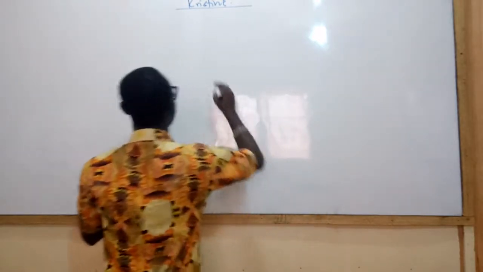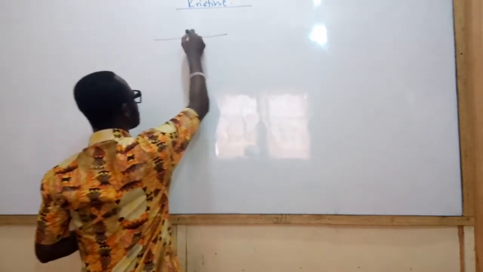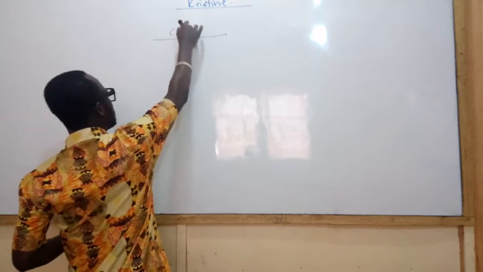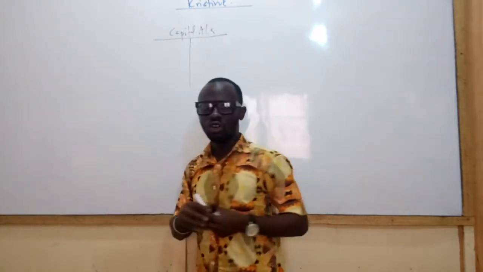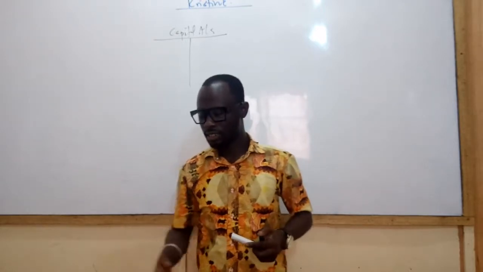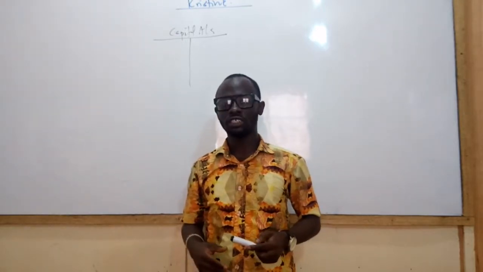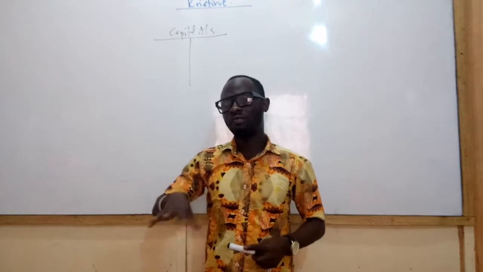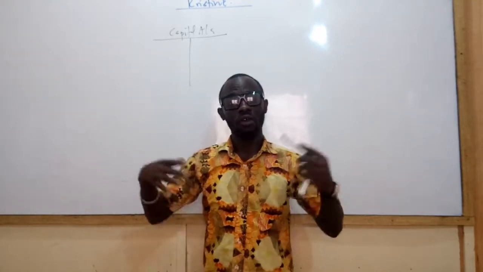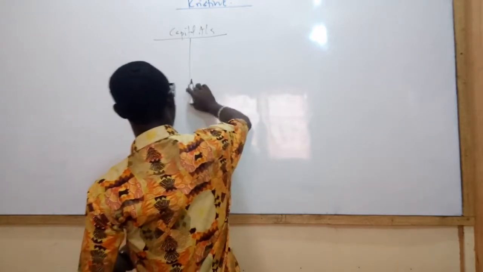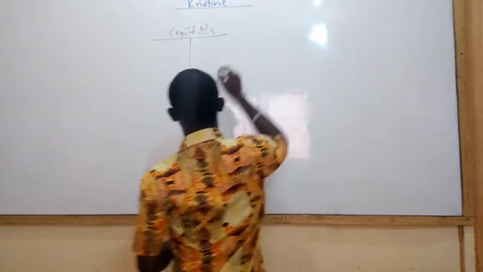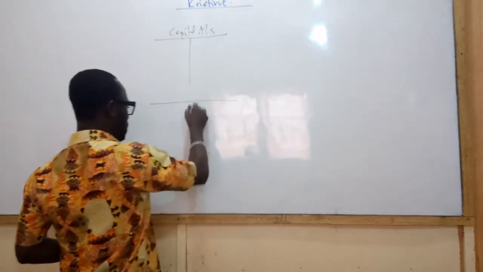We're going to open the capital account. So this is the T account. We open the capital account, and we are told she paid $5,000 as capital. If the transaction is silent like this, we treat it as a cash transaction. So we open the capital account and also the cash account.